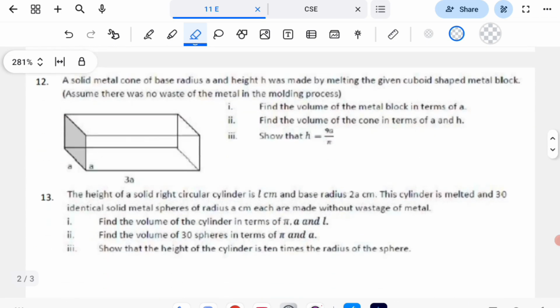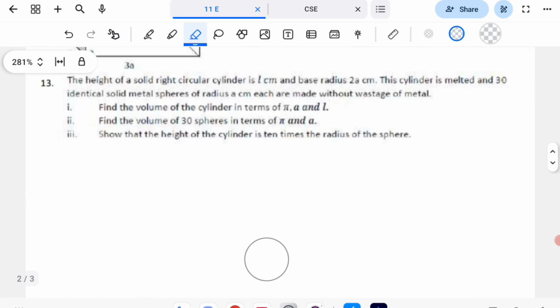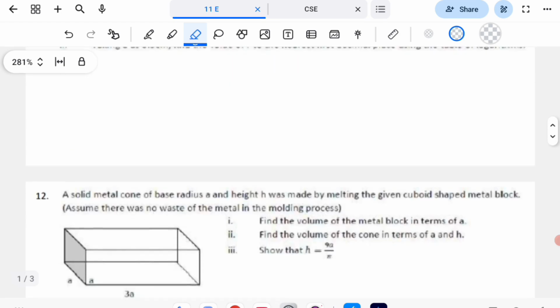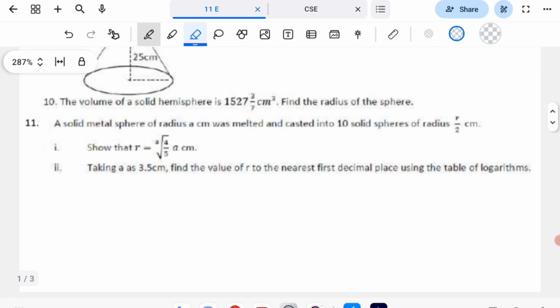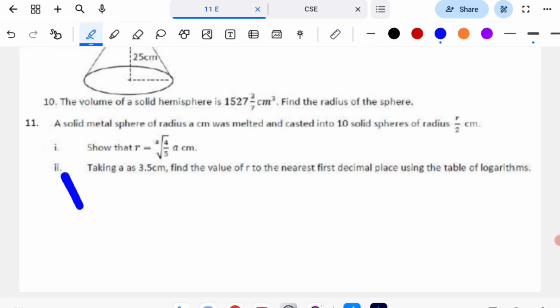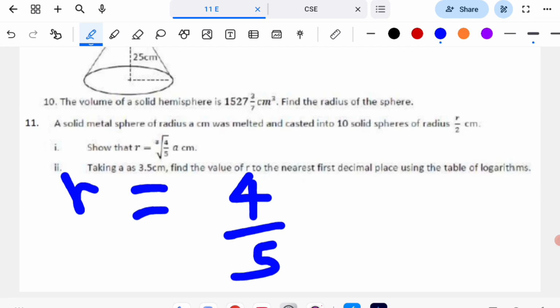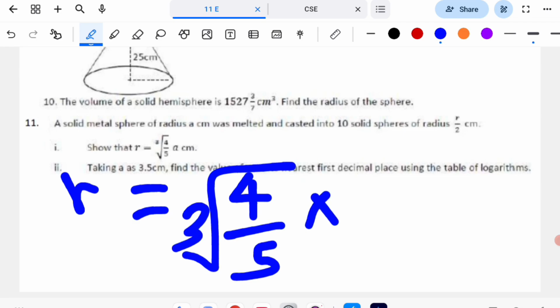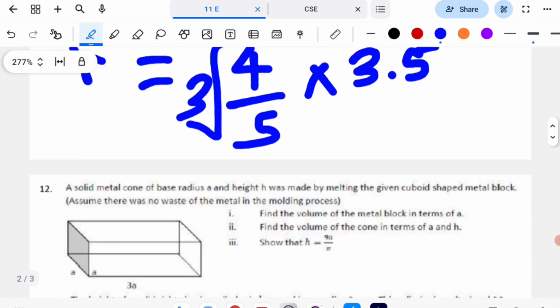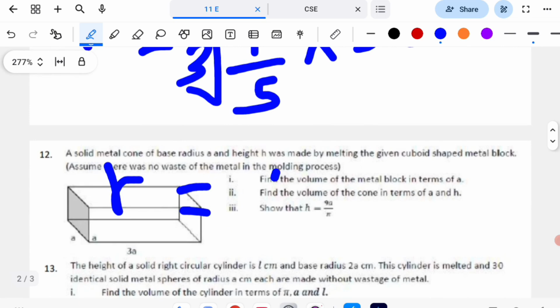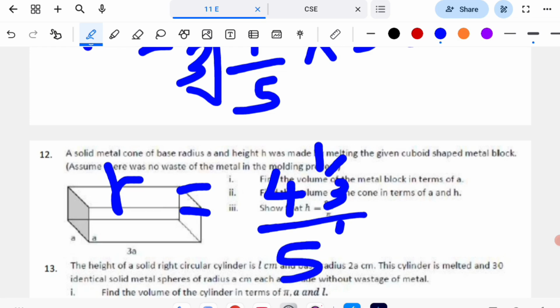Then we can substitute the given values into the equation. r is the third root of 4 over 5, times a, 3.5. Now we have to convert roots to powers: 4 to the power 1 over 3 divided by 5 to the power 1 over 3, multiplied by 3.5.